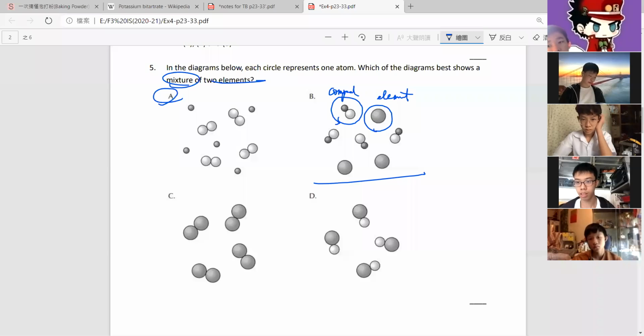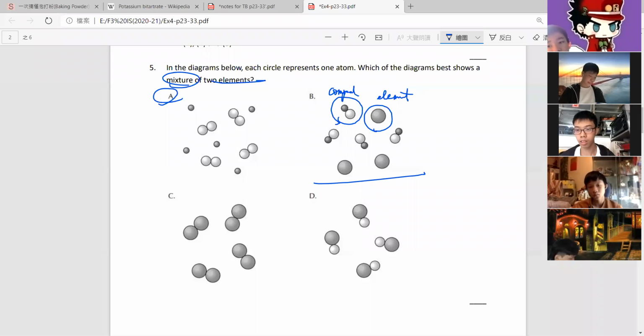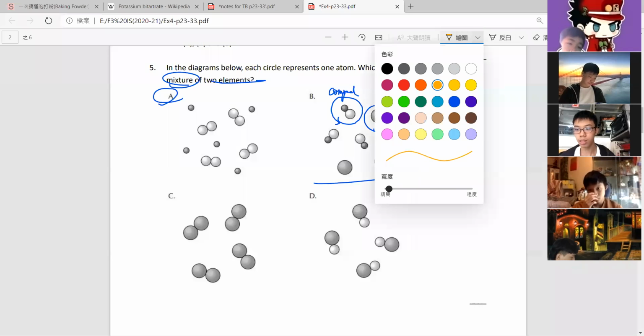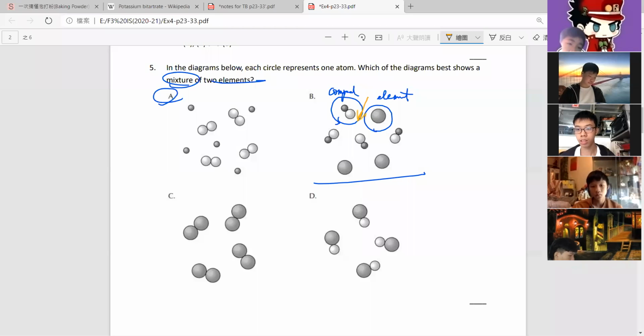How do I describe this B? Any special linkage between that compound and element here? It seems they are quite far apart, right? So it's not a chemical combination. So what is that? Mixture. Yeah, very good. Mixture of 1 element and 1 compound.